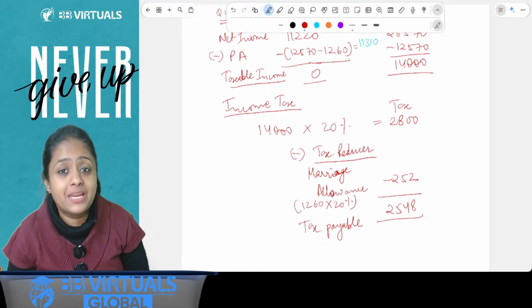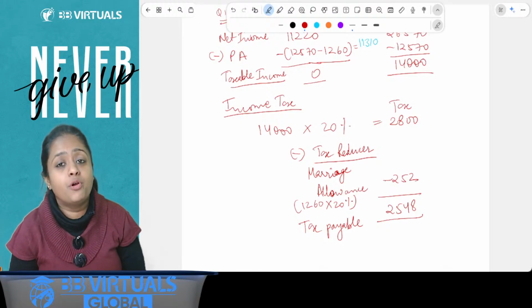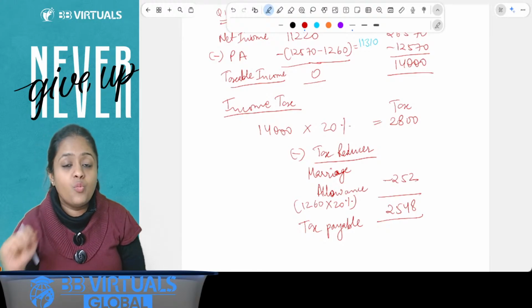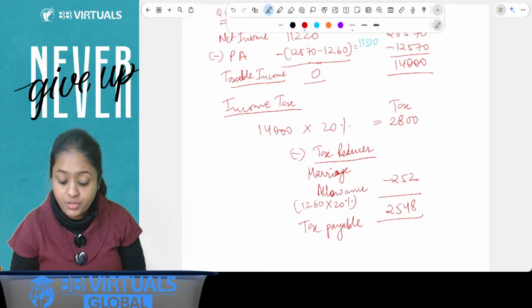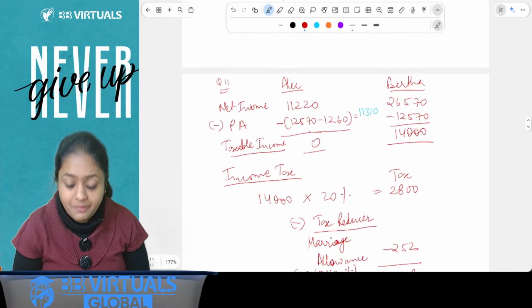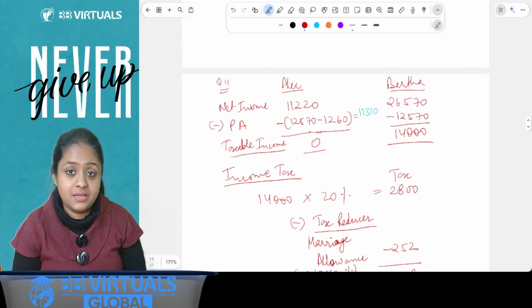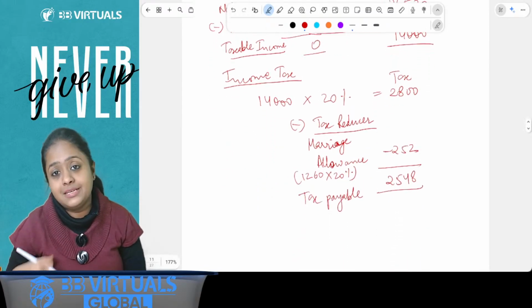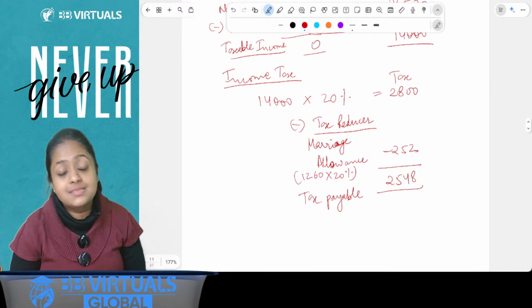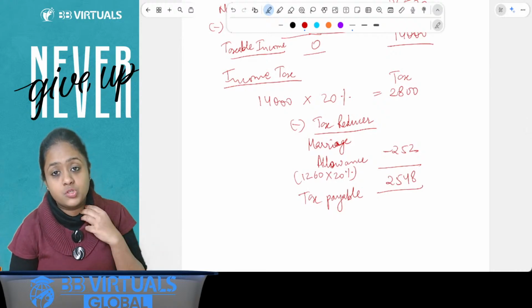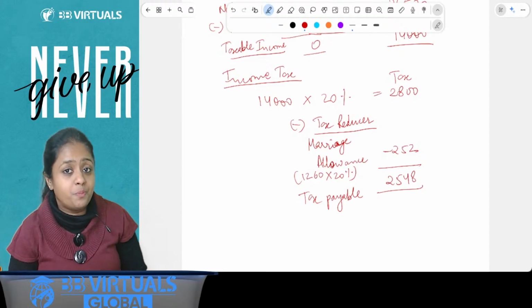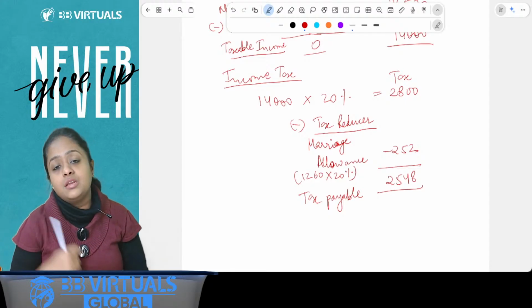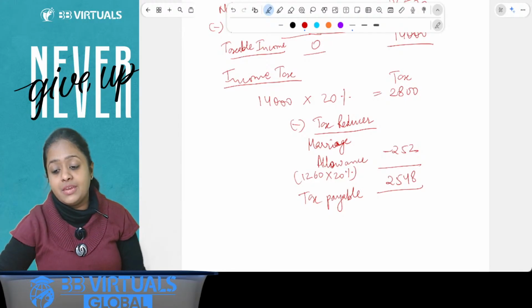When it's a tax planning question in your exam, it is very important for you to see this. Why is it beneficial from the couple's point of view? Because otherwise, Alec was lapsing his PA. Now, at least by 252, as a couple, their liability is reduced. So this is a very important planning point also. Whenever your question wants you to plan for taxes, marriage allowance for a couple becomes a very important area.